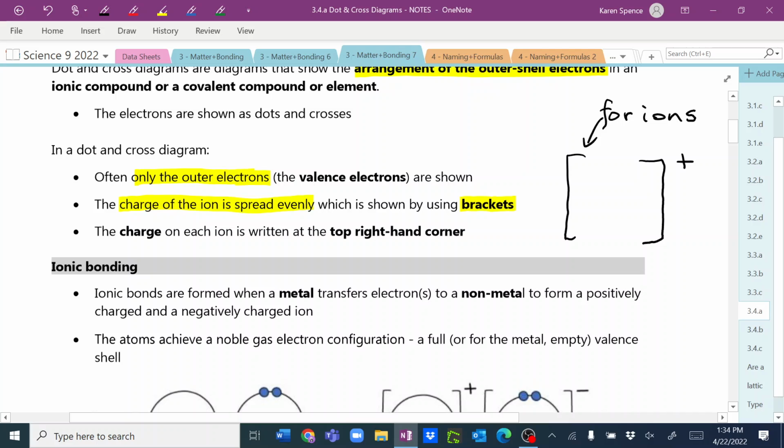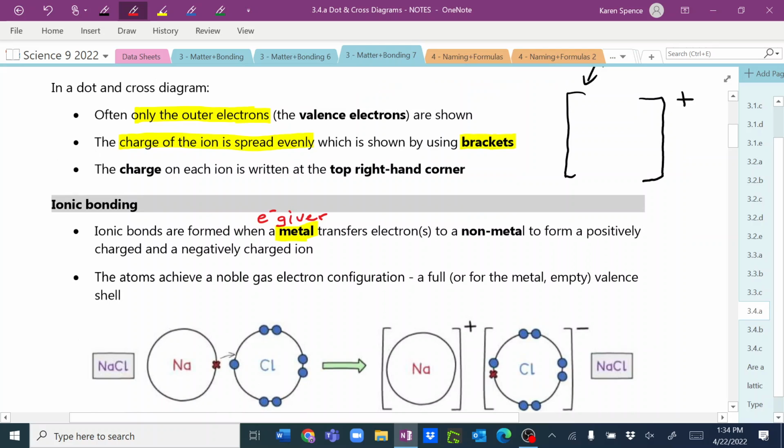Yeah, so the metal transfers the electrons to the nonmetal. So the metal is the electron giver, and the nonmetal is the electron taker.